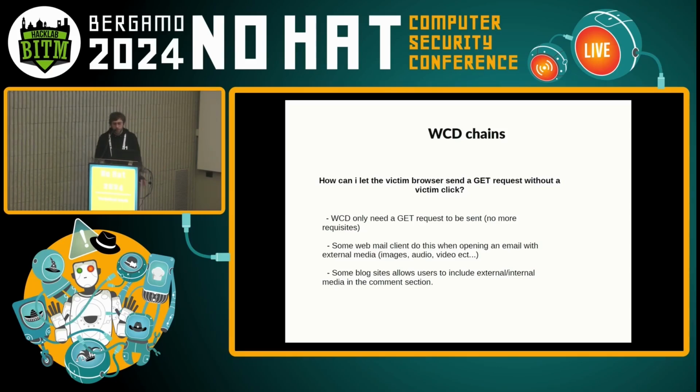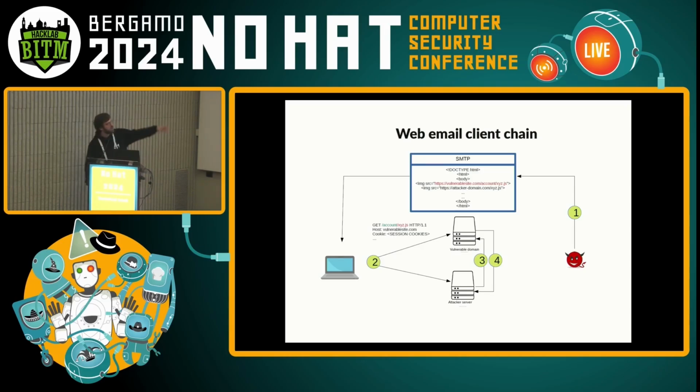How can I do this? Well, some webmail clients do this when opening an email with external media inside. Or some blog sites can have images that can have an arbitrary path, and so can send a request without a victim click. What I tried is this: the basic idea is the attacker sends an email with two images in the body, one pointing to his server and the other with the web cache deception payload.